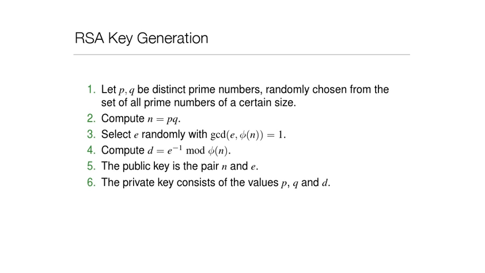Okay, I think now you can understand why we talk about factorization so much when we talk about RSA. So RSA is secure as long as factorization is a hard problem.